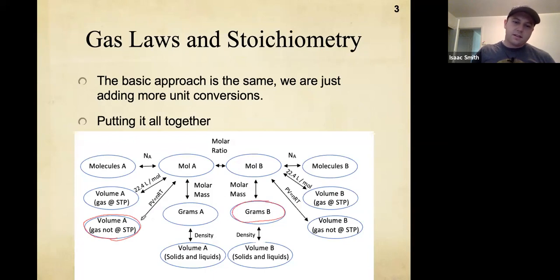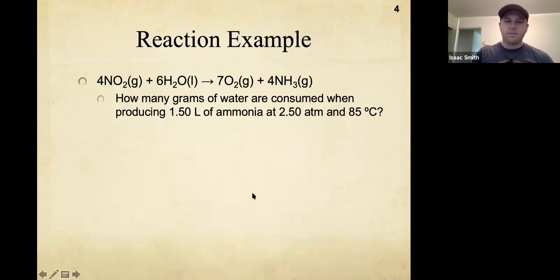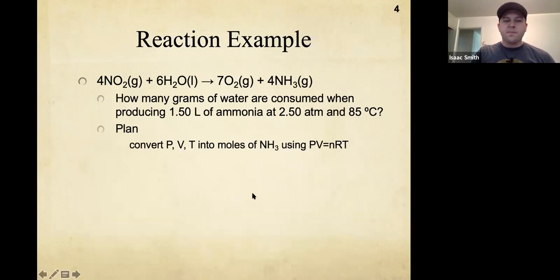To do that, we're going to come along this arrow, come across here, and come down here. First step is converting from volume of A to moles of A, and we're going to use the ideal gas law to do that. Then use the molar ratio to convert from moles of A to moles of B, and then use the molar mass to go from moles of B to grams of B. So there's our plan.